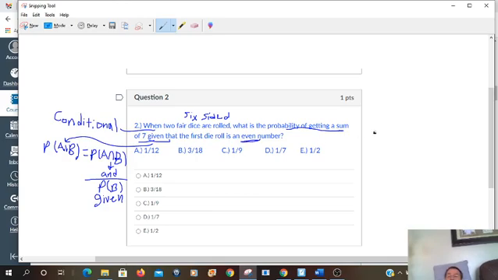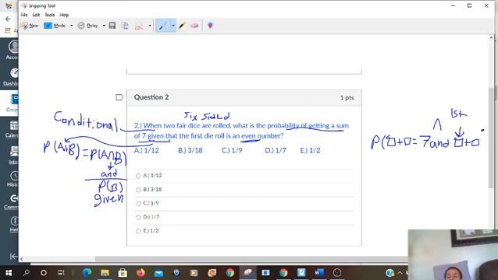So we're basically doing this event. This goes on top: the probability of 2 dice summing to 7, and that's that symbol right there, and the first die roll out of the 2 dice needs to be even.